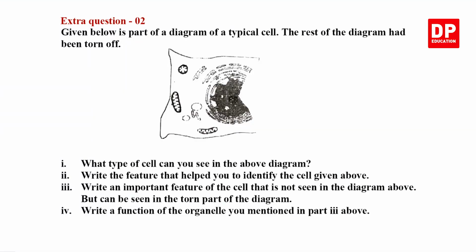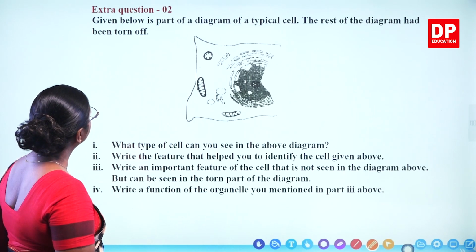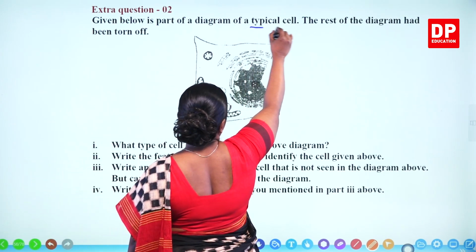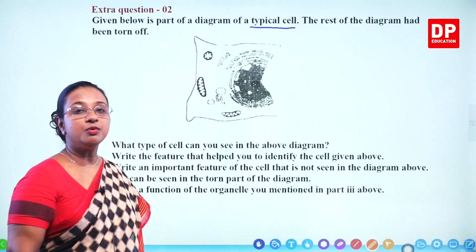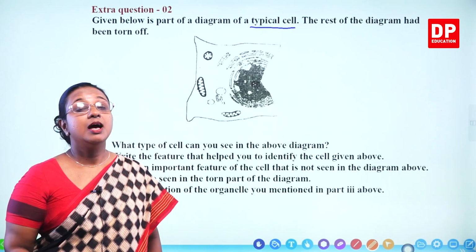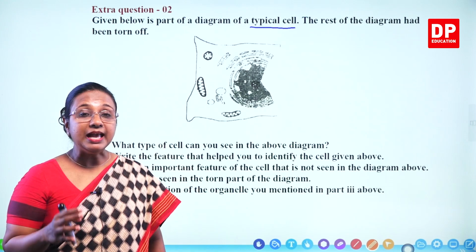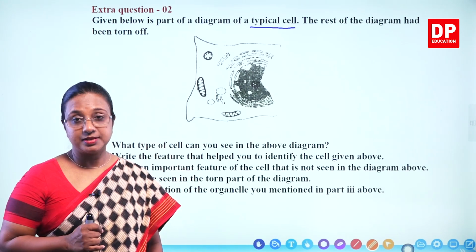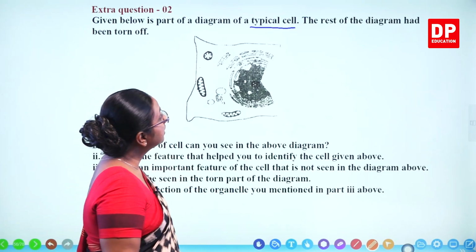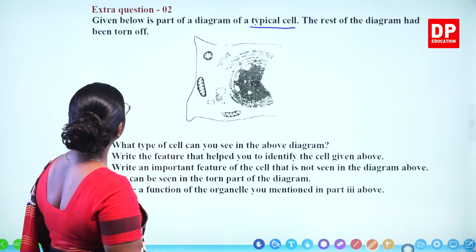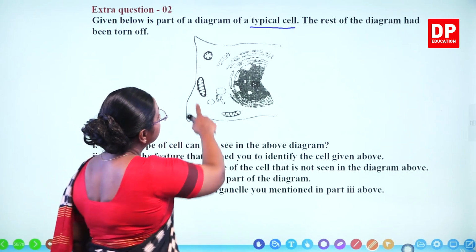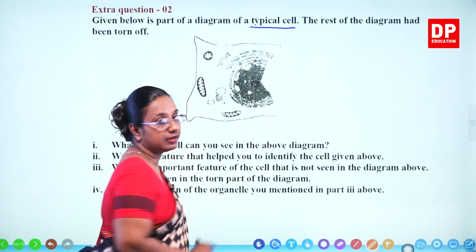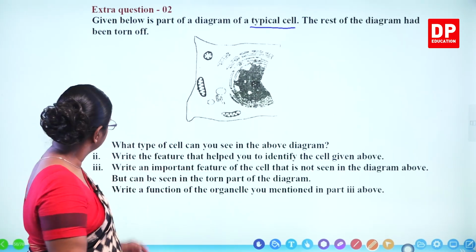Extra question 2. Given below is part of a diagram of a typical cell. I am sure you all know what a typical cell is. A model of a cell made with all the organelles that can be present. The rest of the diagram had been torn off. So here it's only a part of the diagram. The rest of the diagram is missing.